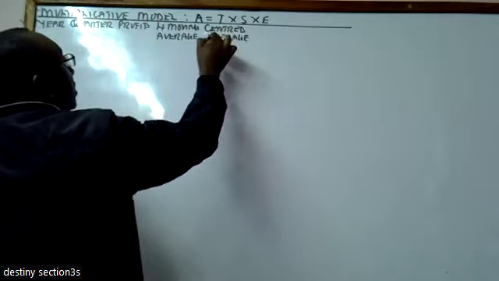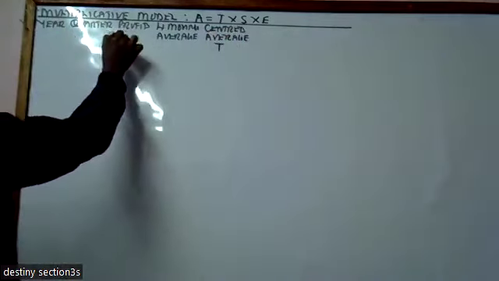The centered average is our T, the profits are our A.